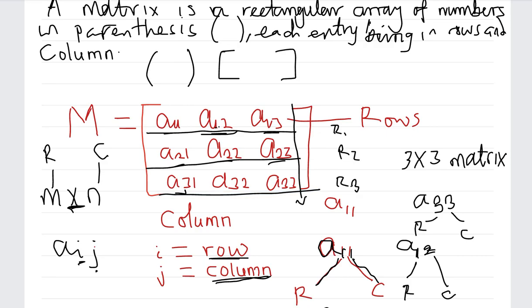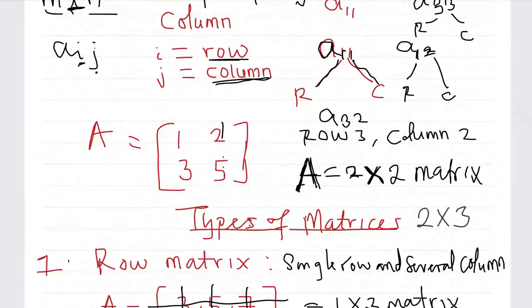Rows are horizontal and the columns are vertical. When you want to call the order of a matrix, you need to say the row first before the column. For example, if I say A is equal to 5 by 2, that means 5 rows and 2 columns. That is another thing that you must note.